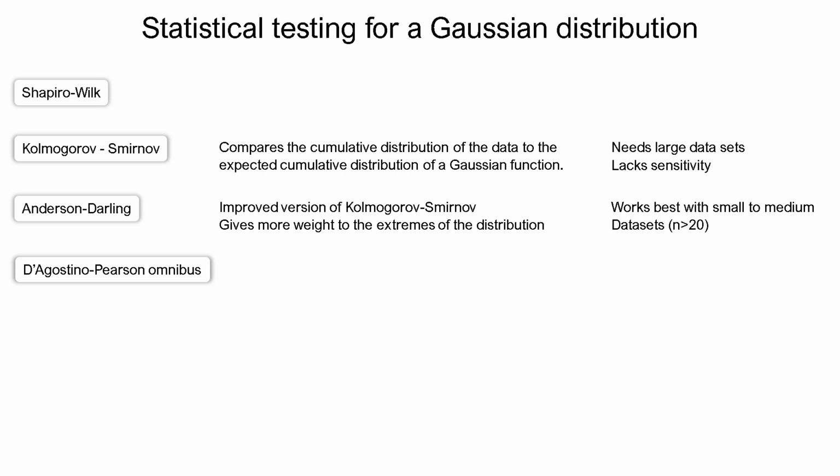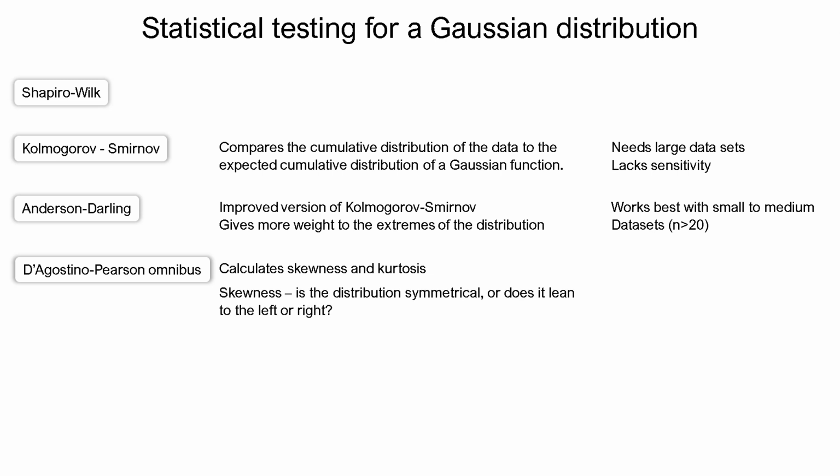The D'Agostino-Pearson omnibus test calculates the skewness and kurtosis of the dataset and compares these with what is expected for a Gaussian distribution. Skewness is a measure of how symmetrical the data samples are, whether they are centred around a mean or skewed towards one end or the other. Kurtosis is a measure of how sharp the peak of the distribution is.